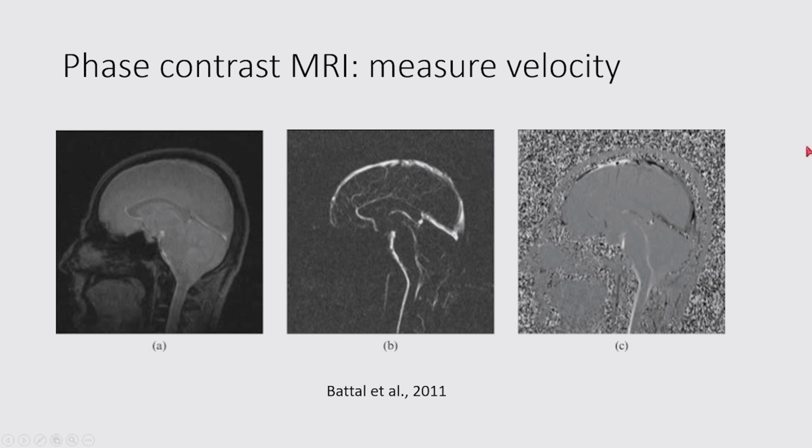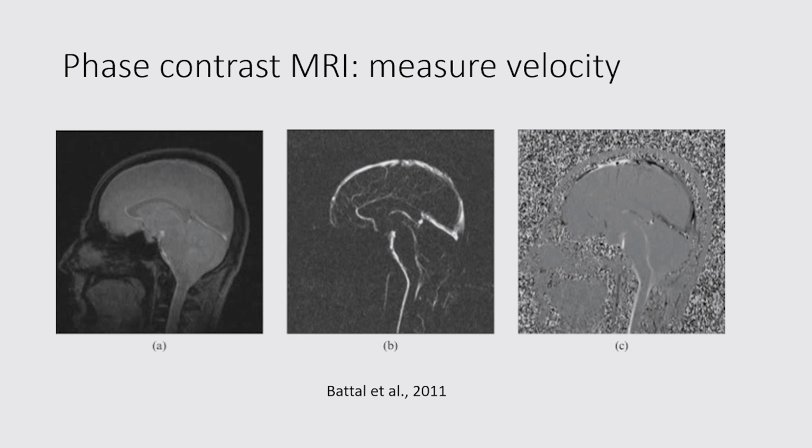You could imagine having a magnitude image, which is what we typically look at in fMRI, right? Where you can see the magnitude of the signals that you're looking at in the image. But we also have a phase image. And in phase contrast MRI, this phase image is used to actually extract velocity. And so this can be a very powerful method for looking at fluid flow because it reports velocity in quantitative, interpretable units.